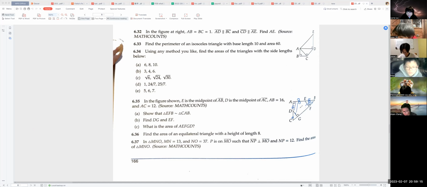The first condition that has already come out can be used directly. We already know this triangle is similar to the big one, and this one is also similar to the big one. And since this is a bigger triangle, with 16 and 12, can we find out BC equals what, everybody? Okay, so I give you some hint.